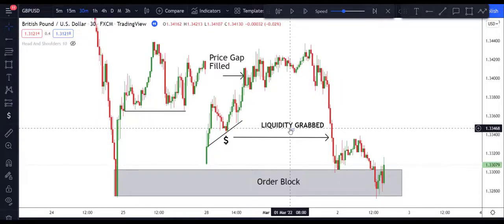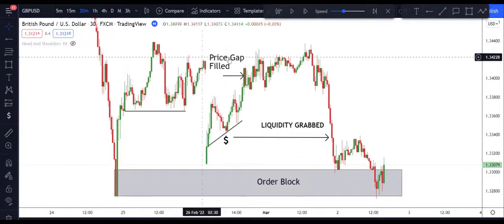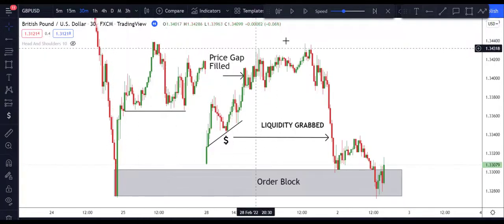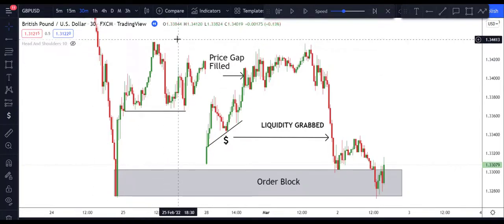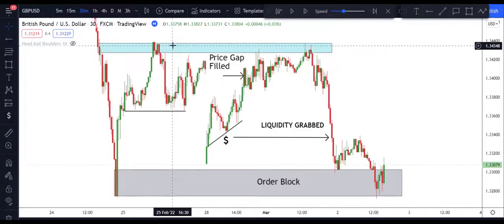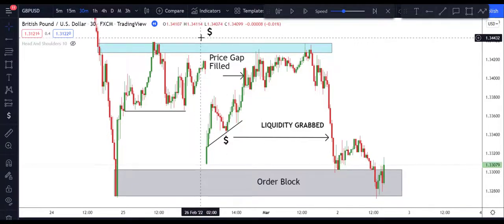So now we were looking for some liquidity on the buy side, and we could clearly see that there was some resistance acting in this area, some strong resistance right here. So this is our buy side liquidity right here.